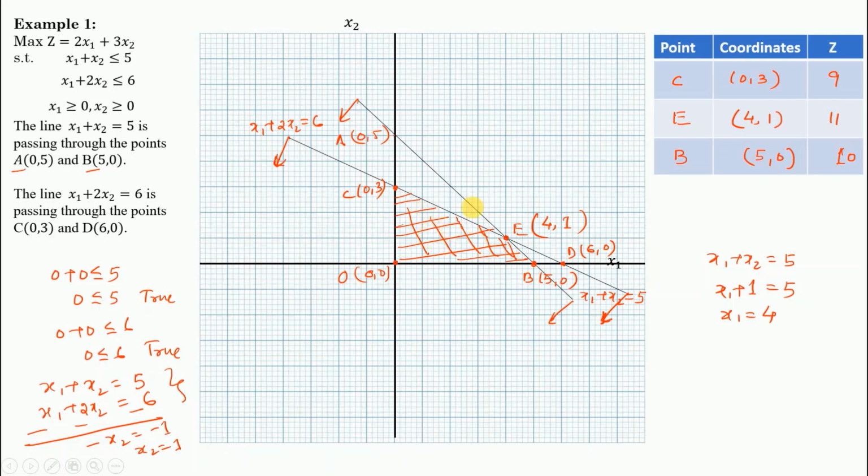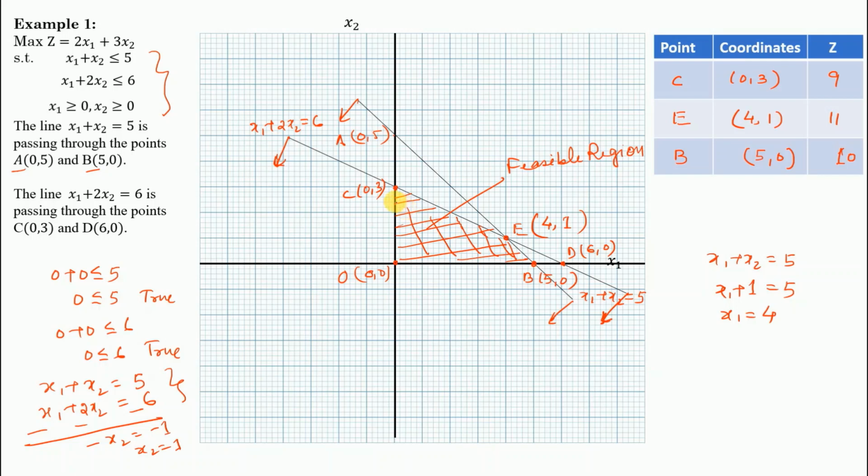This region, you can also call the feasible region. Feasible means possible. So basically this region is the solution space for all these constraints, meaning in this region all the points satisfy these constraints. Now we have checked the corner points, because at the corner points we can get the maximum value of z.